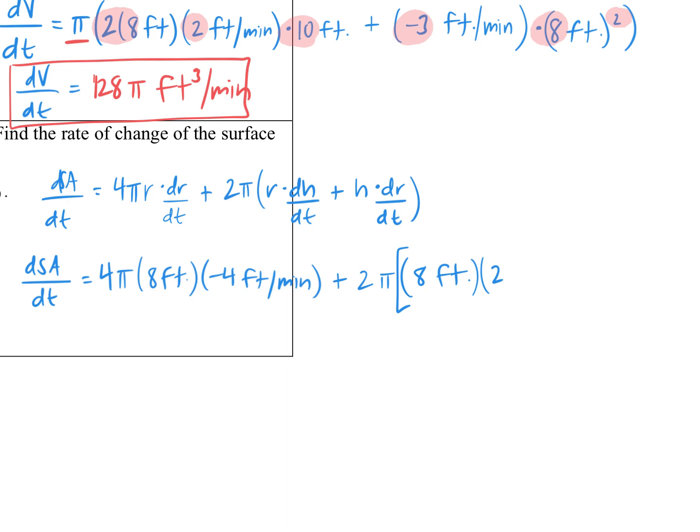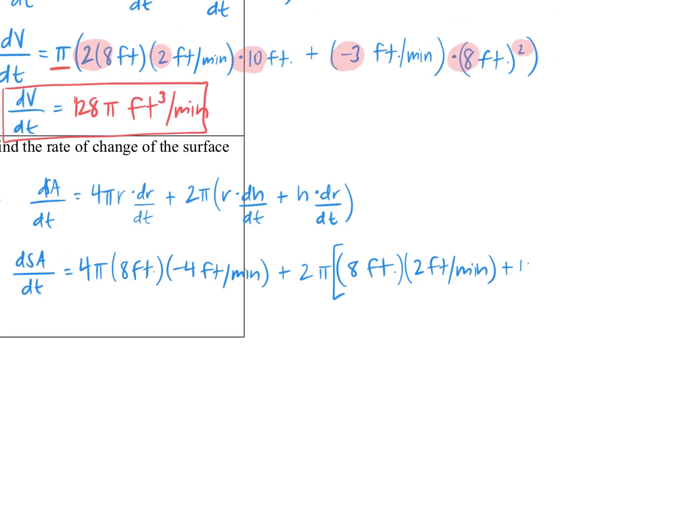Okay, so times 2 feet per minute plus my height, which is 10, times negative 4 feet per minute.